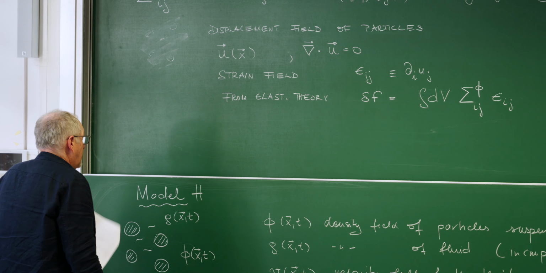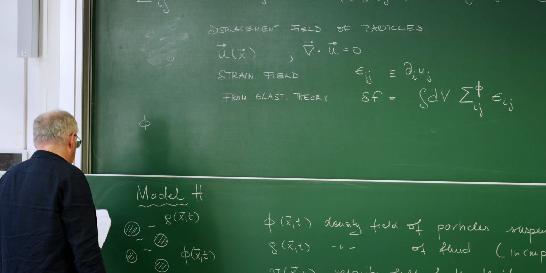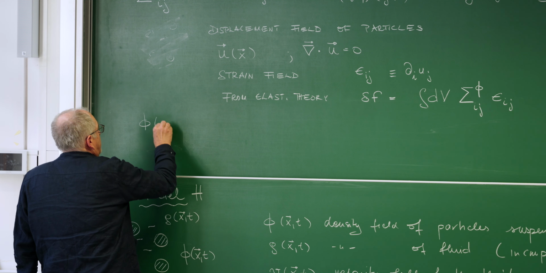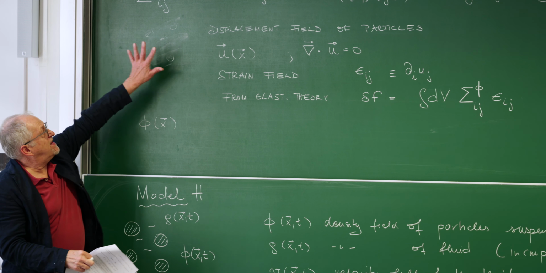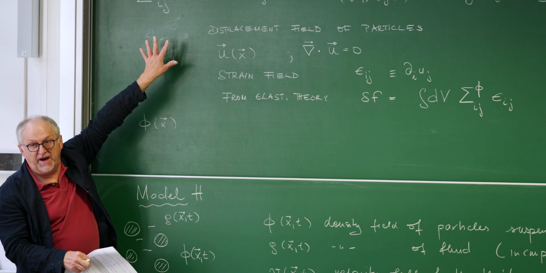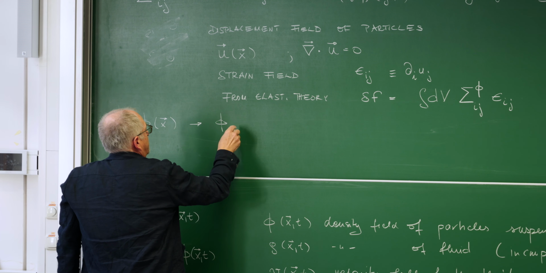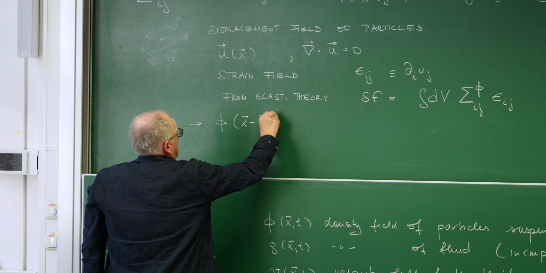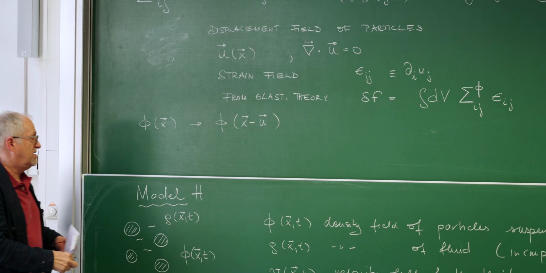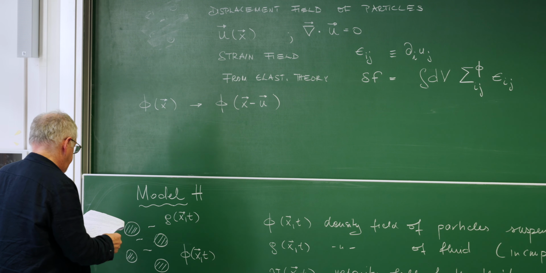Okay. Now let's determine that. So when we look at such a displacement, then we will change the field phi of x. So we move this cloud here and displace it by x. So that means the corresponding field in the displaced configuration will be the one which is phi of x minus that displacement field.